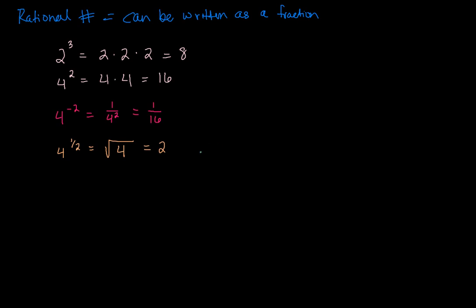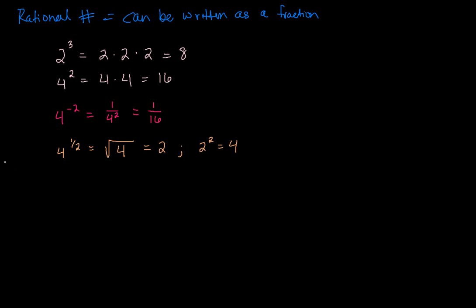The reason is that if you take a look at 2 squared, we know that is 4. So 4 to the half should give you 2. 2 squared gives you 4.